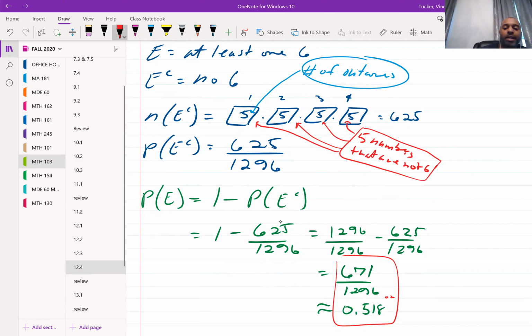Just like before with the 18, that 1 turns into that denominator over itself, so that's 1296 over 1296. 1296 minus 625 is going to be 671 over 1296. And once again, whoever assigns it will let you know if they want the fraction or the decimal as an answer.